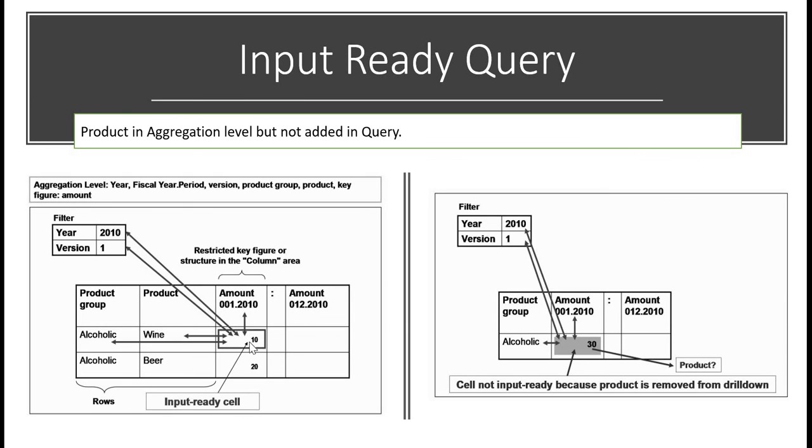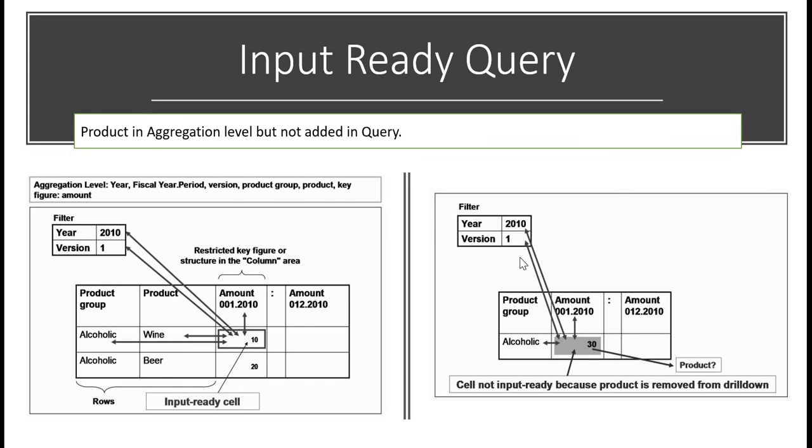Here this cell is input ready because whatever fields I have in the aggregation level, I have taken in the query, and I also have the filter applied on the variable characteristics. The left hand side example is the ideal example that you can follow.